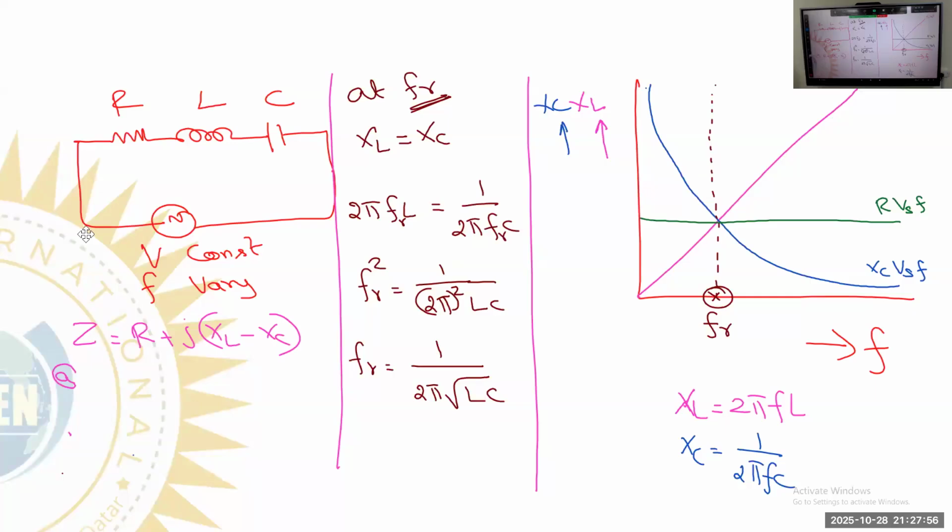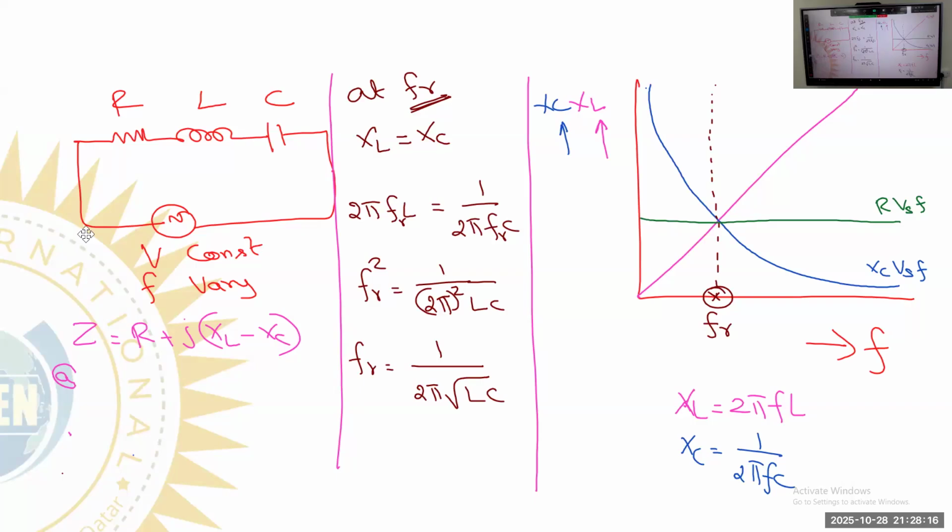So this is the formula to find the resonant frequency. What is the unit for this resonant frequency? Hertz, because we are using the word FR. So the resonant frequency formula: FR is equal to 1 by 2 pi root LC.